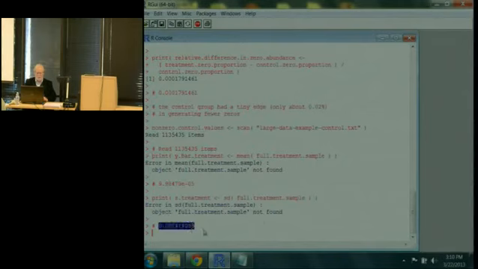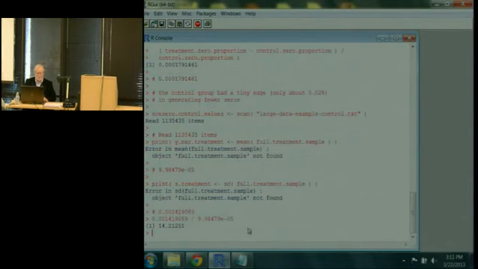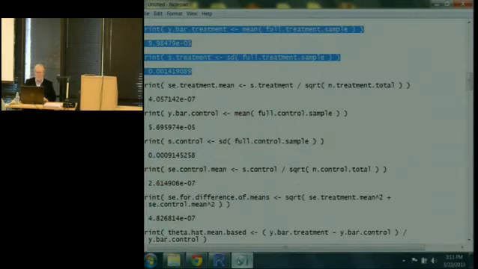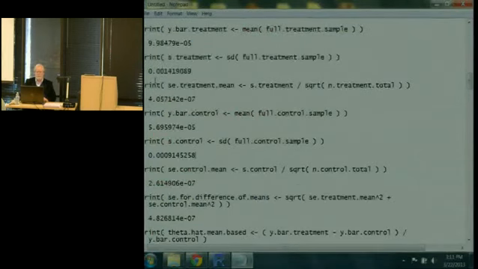Let's just work out the coefficient of variation for this data set, which is the ratio of the standard deviation divided by the mean. So the noise to signal ratio on this data set is about 14. That's fairly noisy. The standard error of the treatment mean is, of course, the usual s over the square root of n, and that comes out on the order of something times 10 to the minus seventh.